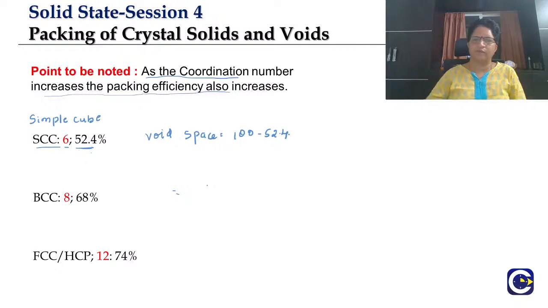Here void space was 100 minus 68. Here it is 100 minus 74. BCC is body centered. The coordination number is 8. FCC, face centered, or the hexagonal close pack, we are getting a coordination number of 12 and the percentage efficiency is 74. So as the coordination number is increasing, the packing efficiency is also equally increasing.